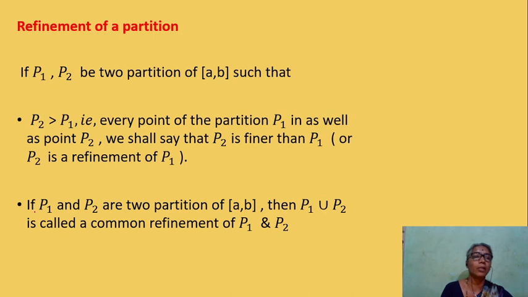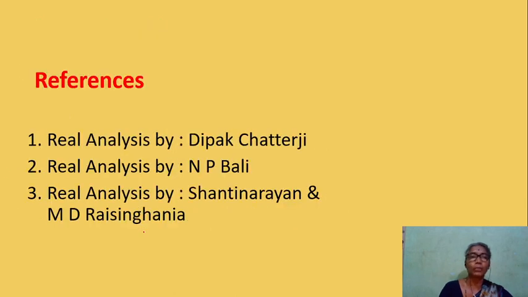The second point: if P1 and P2 are two partitions of a closed interval [a, b], then their union, P1 union P2, is known as the common refinement of the two partitions P1 and P2.